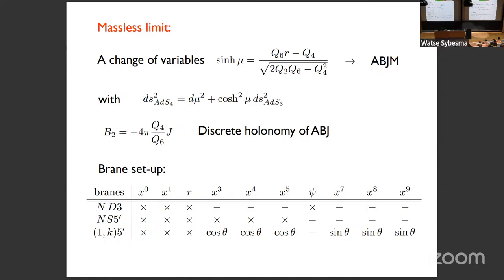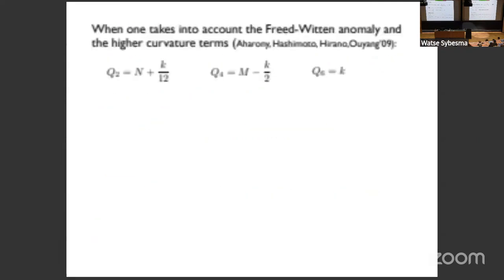Okay, you may be wondering why I'm using this N and K for the number of D3s, which were actually the number of D2s, and the number of D5s, which were actually the number of D6s, while here I have Q2, Q6. Well, this is because you need to take into account that in these non-trivial topologies, we have the effect of the Freed-Witten anomaly and the higher curvature terms.